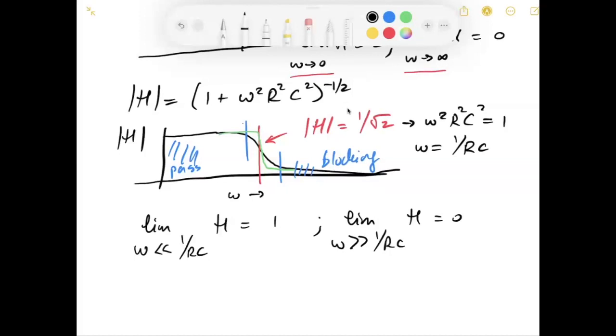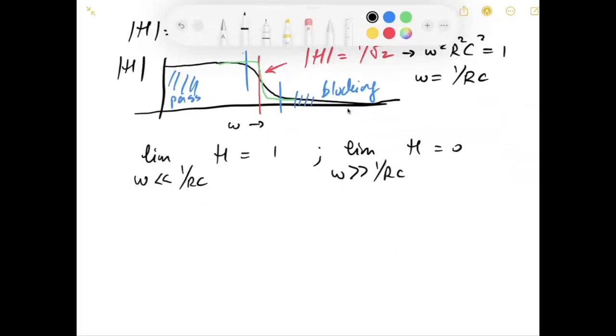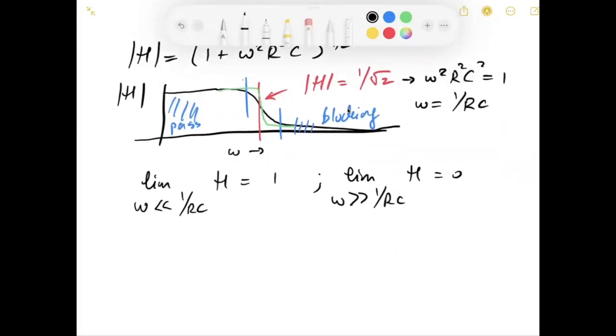Okay. Now, once we have that characteristic frequency, we now say there's this thing called a bandwidth. And the bandwidth for this filter is 1/RC. That's what we call the bandwidth.